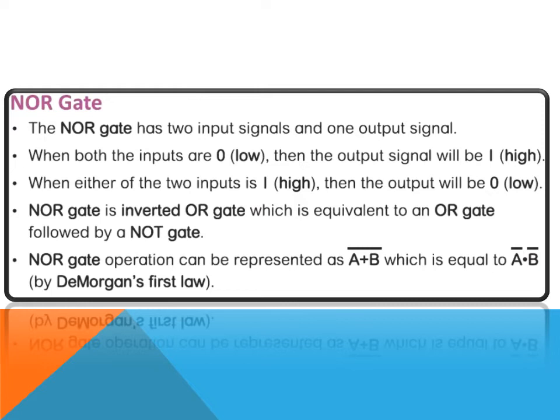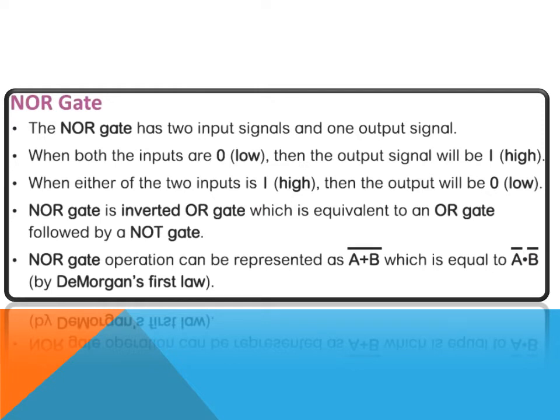NOR gate operation can be represented as (A + B) whole bar. Since the output of an OR gate is A plus B, the reverse of that will be (A + B) whole bar, which is again equal to A bar dot B bar, which we got by De Morgan's first law.